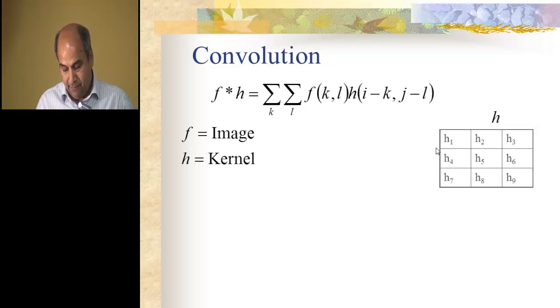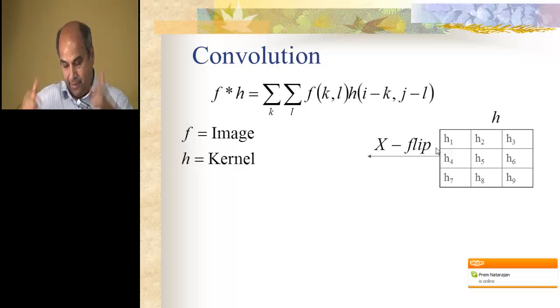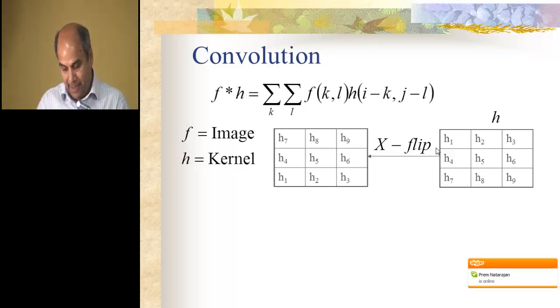We are going to flip the kernel with an x flip. After the x flip, the central row remains, but the bottom row becomes top and the top becomes bottom.